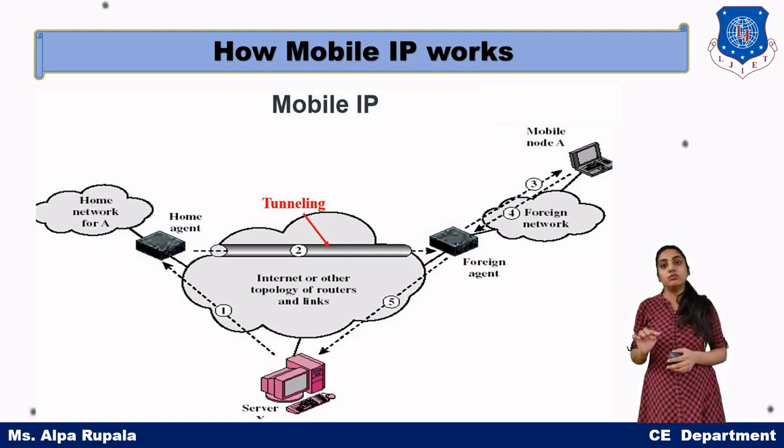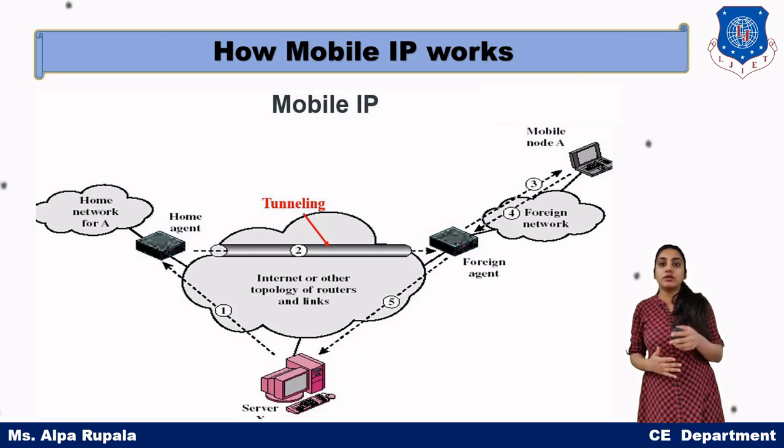If it is in the home network, the data will be directly transferred to mobile node A. But if it is in the foreign network, the data will be sent according to the tunneling process, which we will discuss. Then the data is sent to the foreign agent according to the care of address identification, and that foreign agent will send the data to mobile node A.